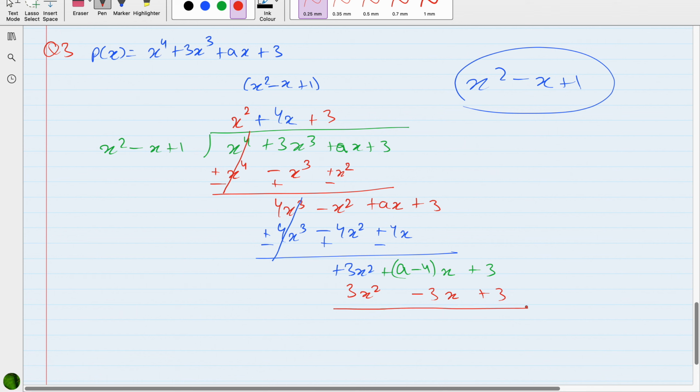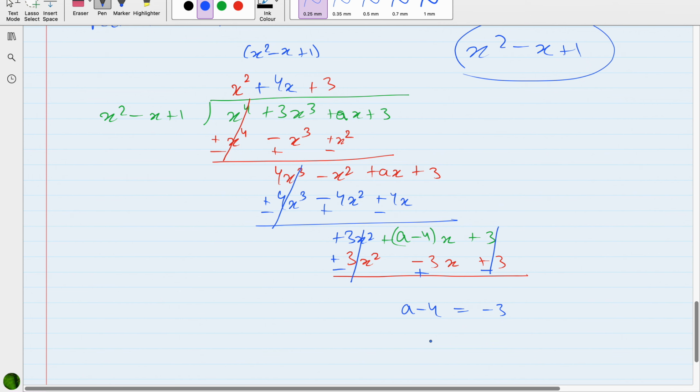Now we know that this is the last step, so basically positive to negative we eliminate this, negative to positive this should be eliminated, and positive to negative we eliminate this. So I can actually say that a minus 4 is equal to minus 3. In order to eliminate it, a is equal to 4 minus 3 and a is equal to positive 1.